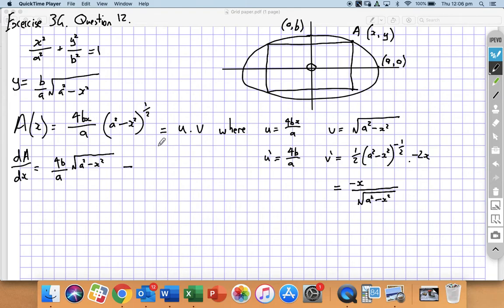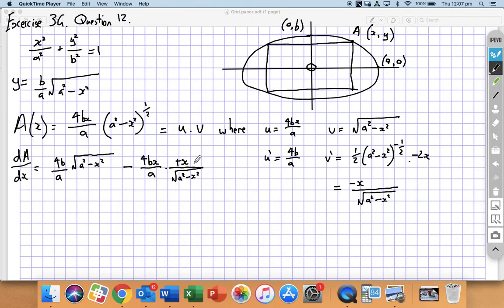All right, u, 4bx on a times minus x, we've already dealt with the minus, on square root a squared minus x squared. Okay, so really that x there is going to be an x squared, isn't it?